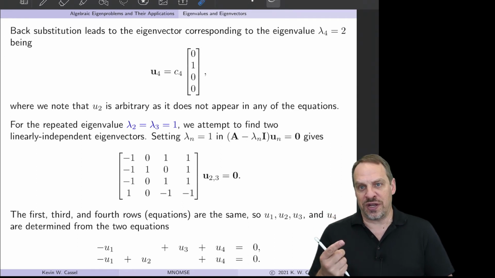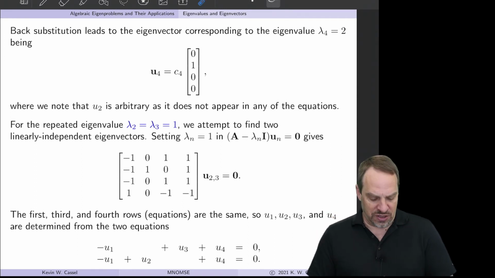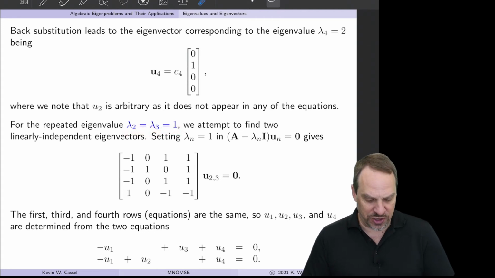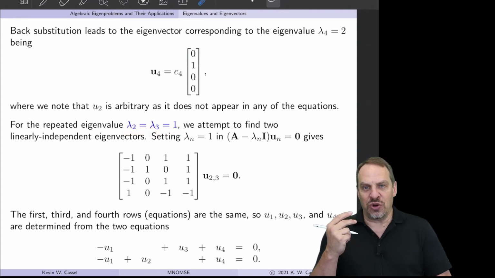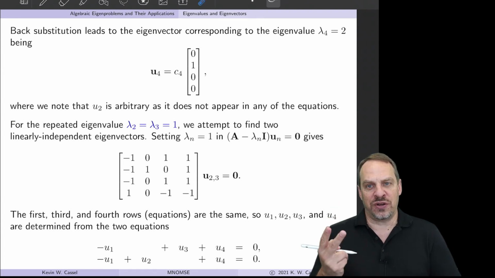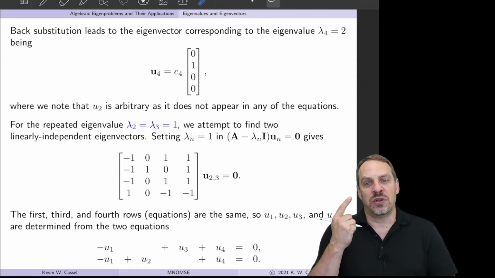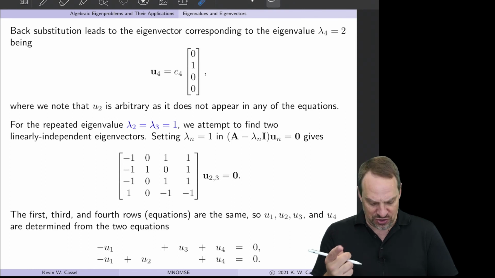Again, it's a regular eigenvector obtained through the regular routine. Now let's tackle the new piece, which we haven't seen yet, and that is where we have a repeated eigenvalue, in this case 1. It's repeated twice, so we're hoping to get 2 eigenvectors out of this one eigenvalue of multiplicity 2. So subtract off 1 from the main diagonal.